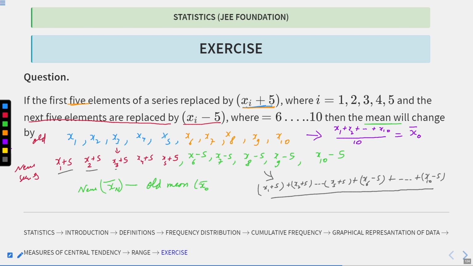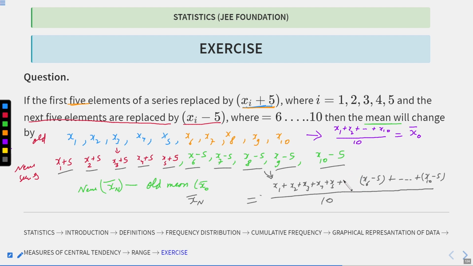So my new mean is equal to this. If I remove the brackets, 5 is added 5 times, so let me simplify: x1 plus x2 plus x3 plus x4 plus x5 plus 25.